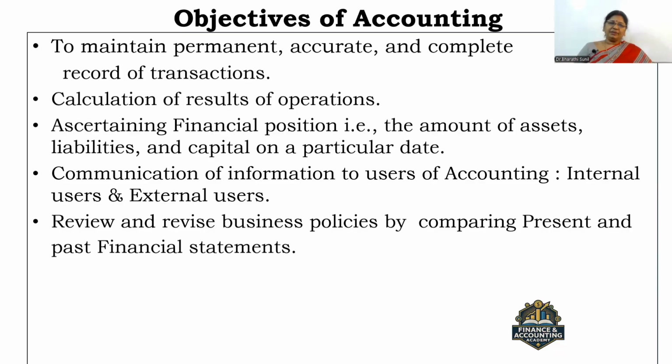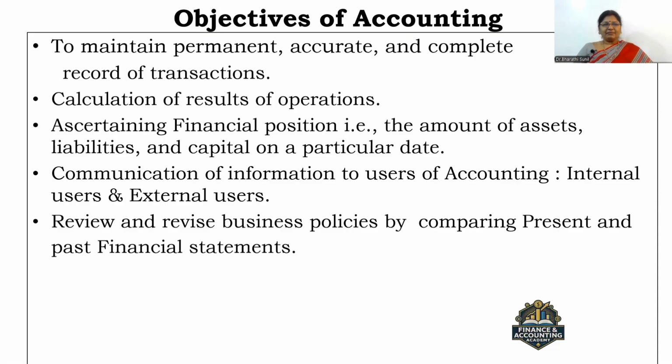Second, calculation of results of operations. When any business is done, the business wants to know its operational result. For this purpose, the business prepares a trading account and profit and loss account. This will help the business to know whether it is making profit or losses.